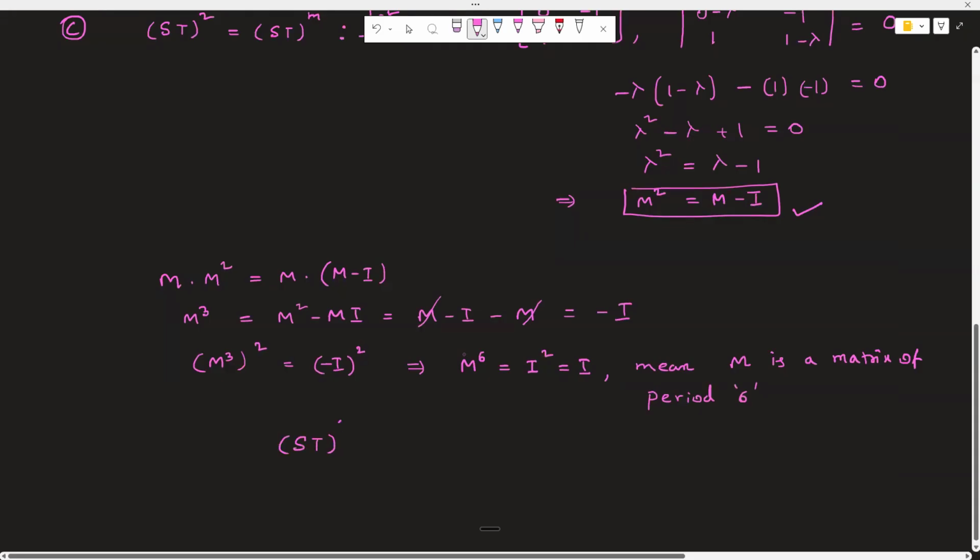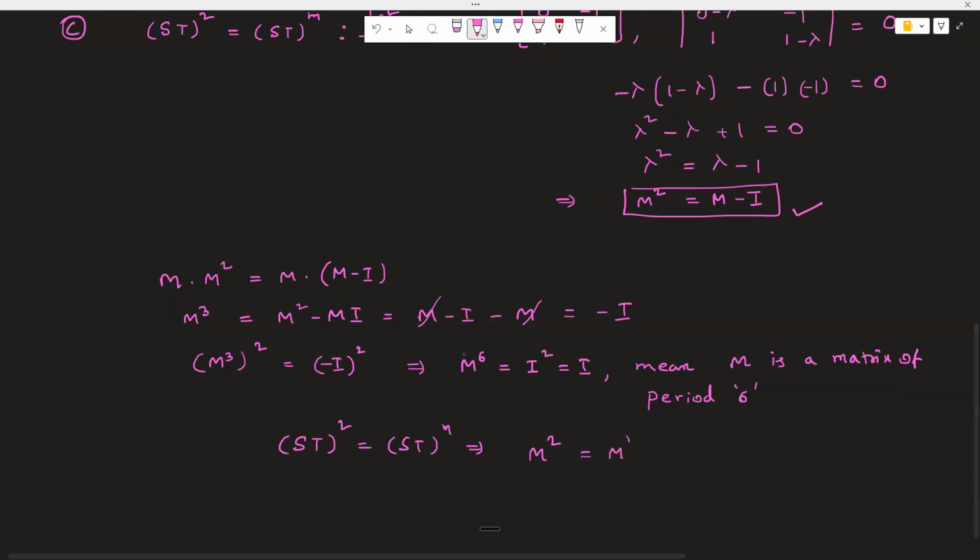but given that st square is equal to st whole power m, which implies that because we are representing st as m, so m square is equal to m power small m. And we also know that M matrix has period 6.